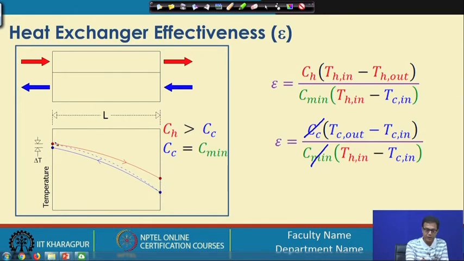This ratio tells the overall heat exchanger effectiveness.